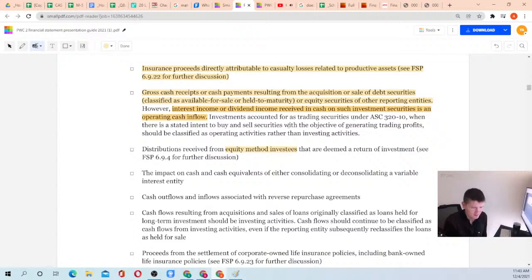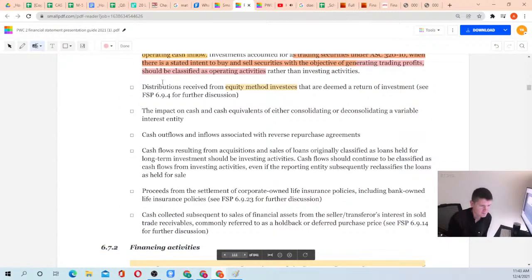And trading securities, let me just highlight it by red here. Trading securities, when you trade to generate trading profits, should be classified as operating activities. So that's an interesting one too.